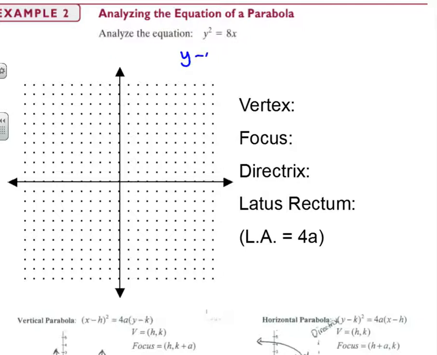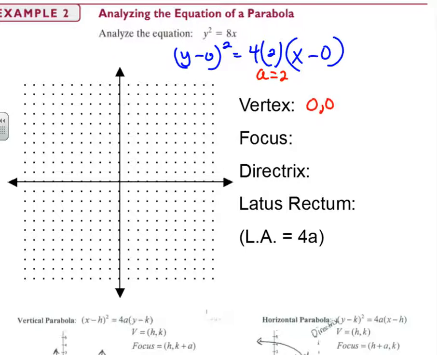So if I were to put this into 4 times 2, x minus 0, I can see clearly, I think, that the value of a is 2, and the vertex is at 0, 0, because that's my h and my k. So I'm going to plot the point 0, 0. That's where the vertex is at.